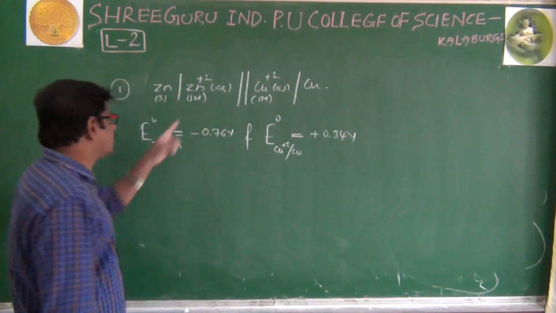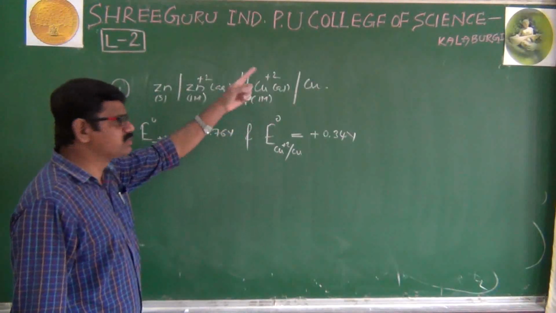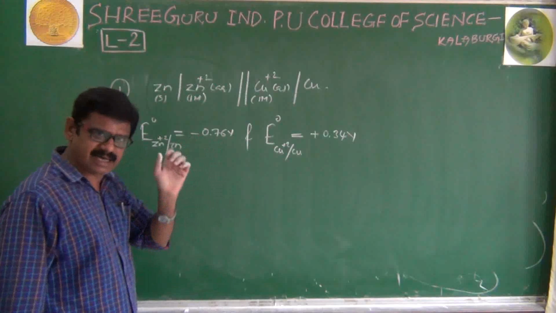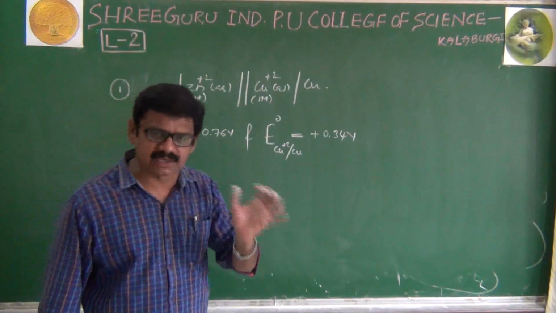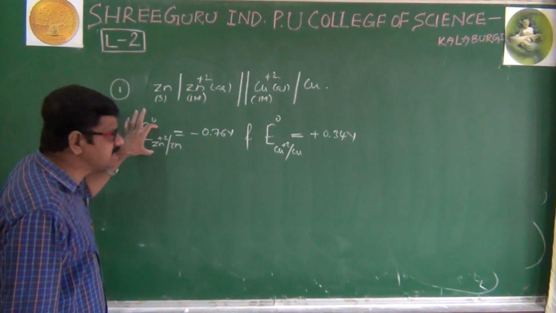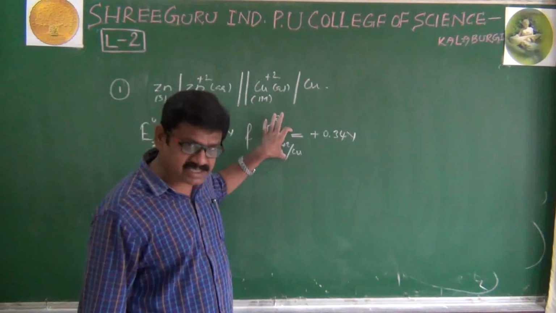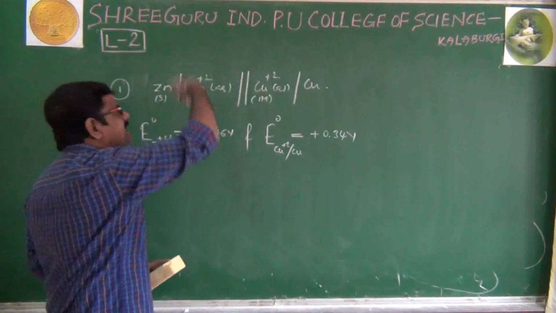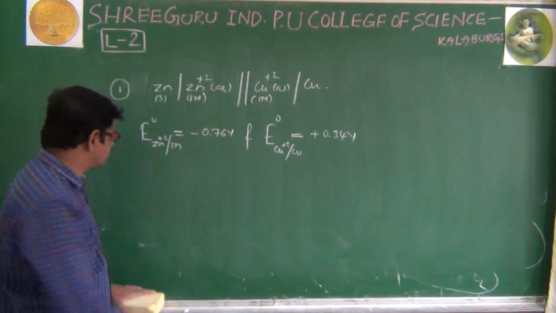That's why, with 1 molar concentration and 298 Kelvin, whatever potential has been given is 100% standard electrode potential only. That's why a standard reduction potential of zinc as well as a standard reduction potential of copper has been given. Now we have to calculate the total EMF of the given Daniell cell.